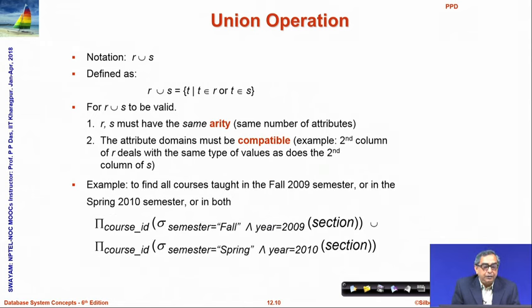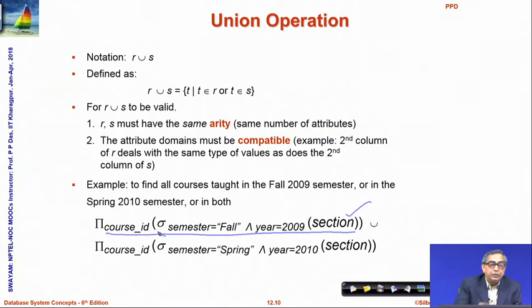As an example, we show how to find all courses taught in the fall 2009 semester. This is the query where we do a selection to find all tuples which represent courses taught in fall 2009 semester from the section relation.